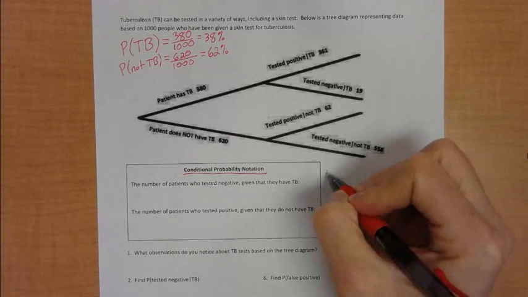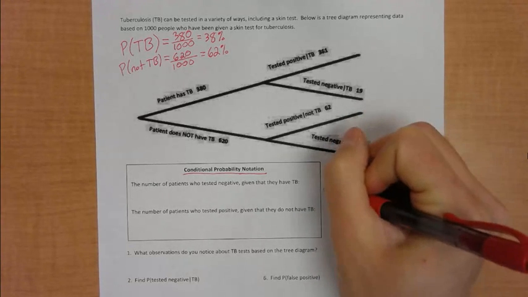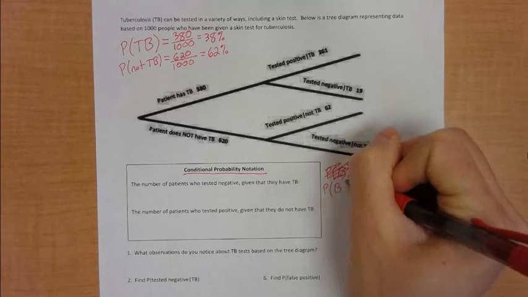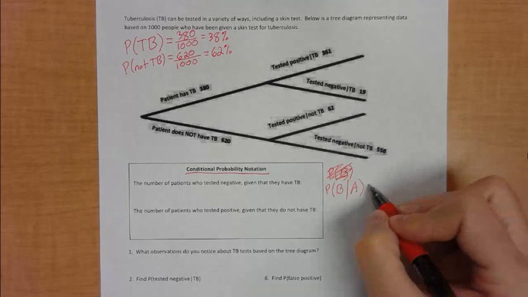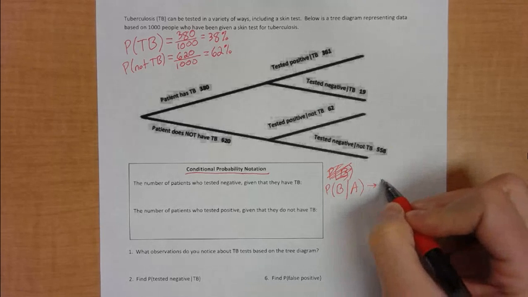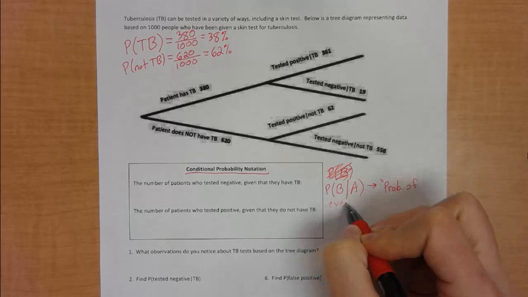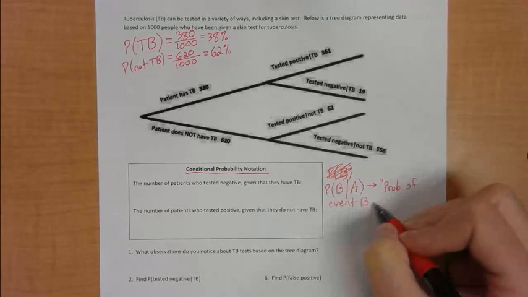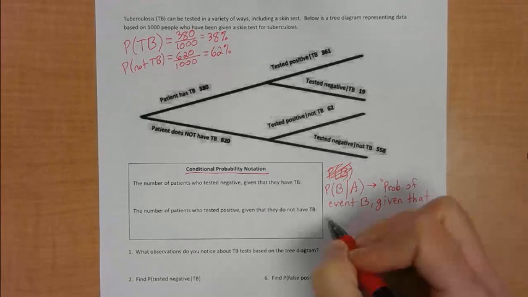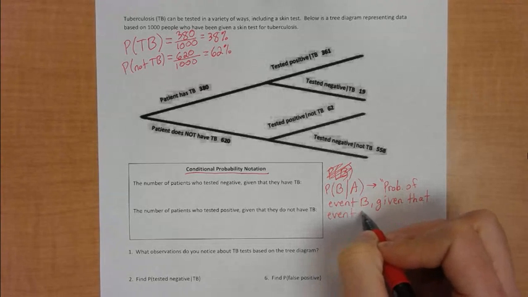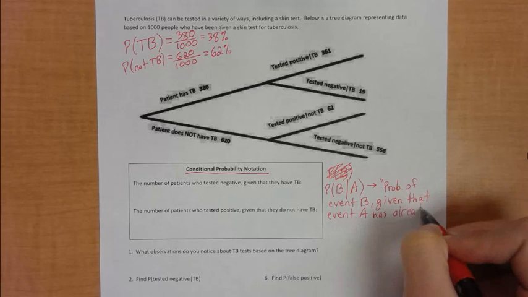In general, we are saying the probability of B given A, like that. That would be the same as saying the probability of event B given that event A has already occurred.